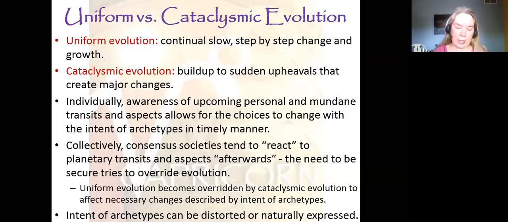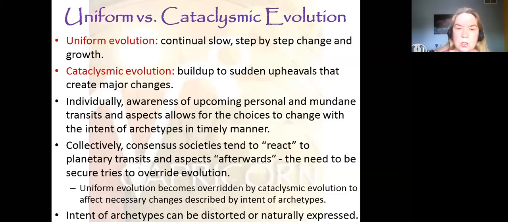And so what will happen on these broad collective levels is society has a tendency to react to these planetary transits and aspects after the events, after the transit. In astrology, we all know that there's an orb of influence when something comes along by transit or an aspect. But again, society is kind of behind the curveball, so to speak.